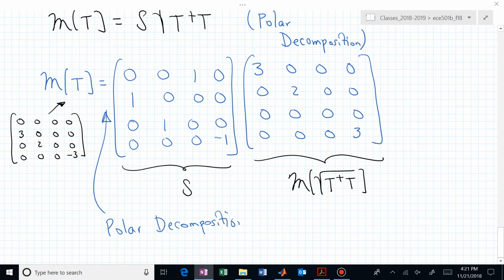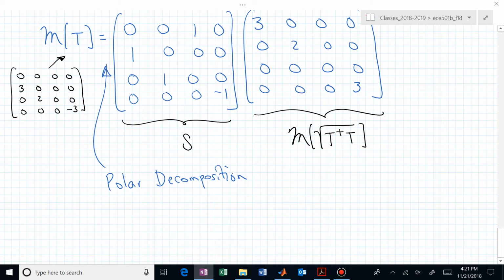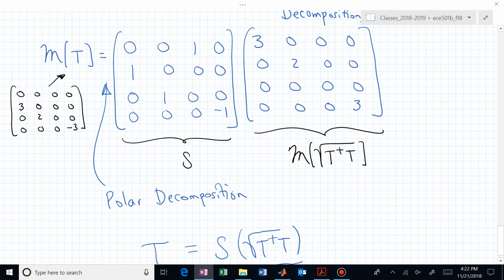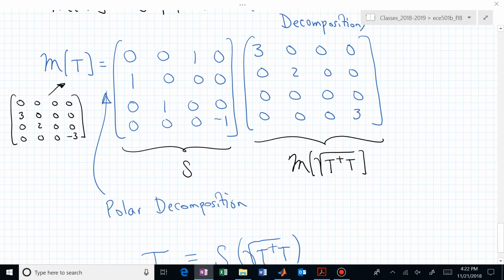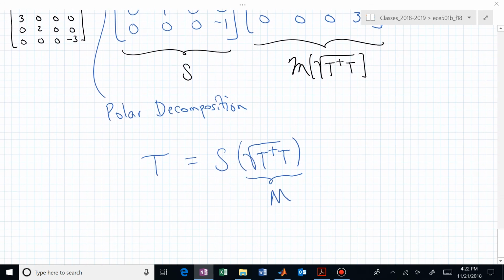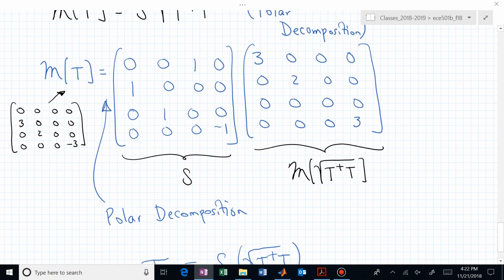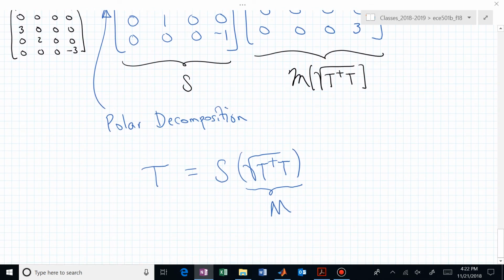How do we now find the rotation matrix S? Another way that we could have found that is we see that t is equal to S times the square root of t dagger t, and if I called that some m, we could actually invert m. I'm sorry, let's just stop at that particular point because we really don't want to try to invert that matrix.